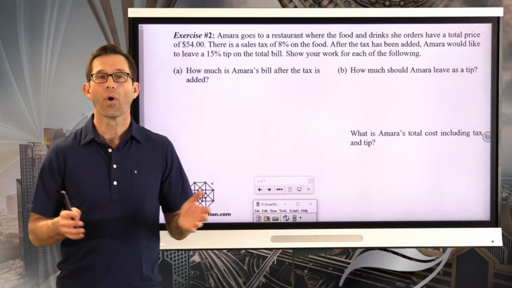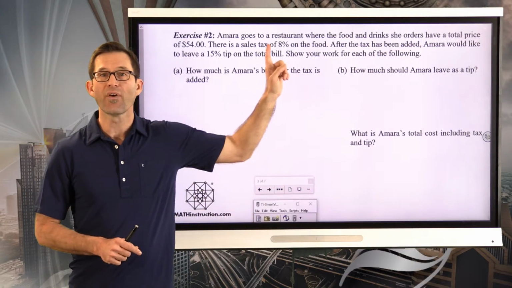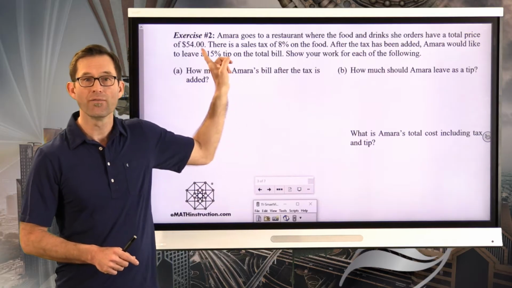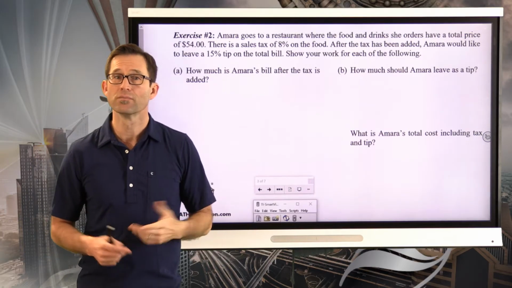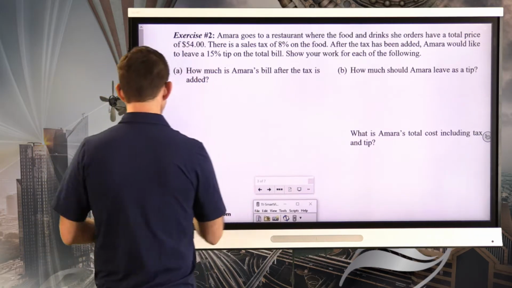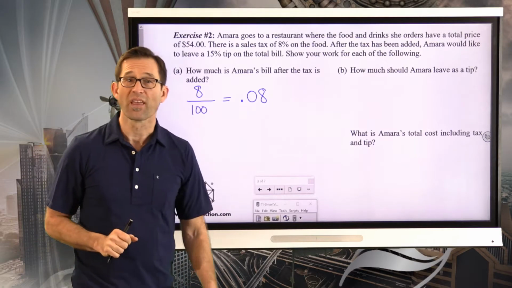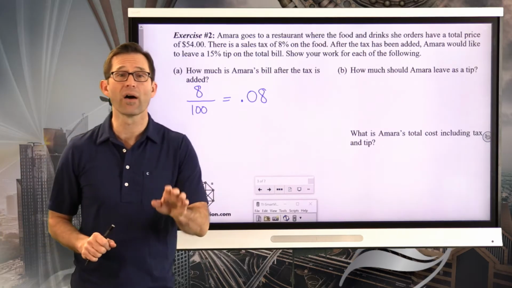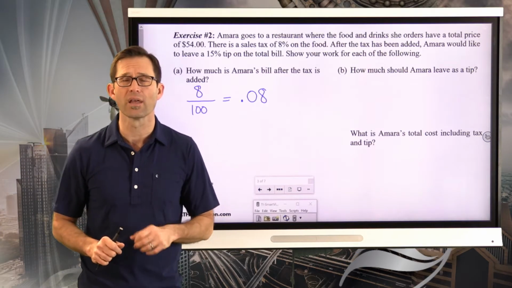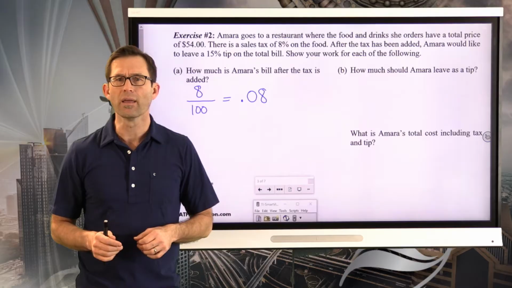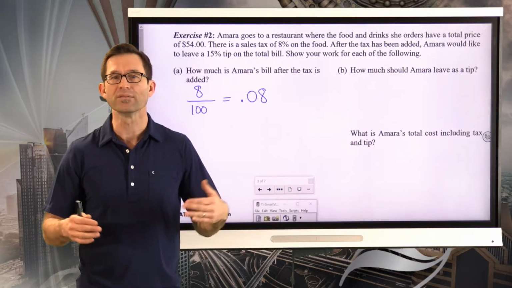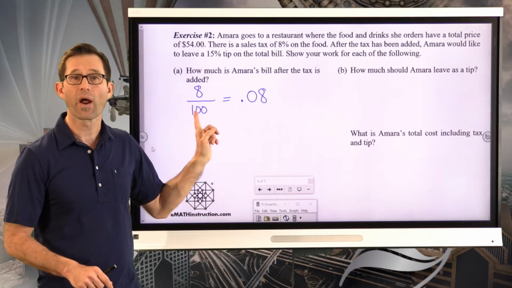All right, so the whole idea is that we need to find 8% of that $54, all right? So to do that, remember what we're really thinking about is 8 100ths, which is 0.08. Now again, if that's problematic for you, if you have any thoughts that 8% might be 0.8 and not 0.08, then set up the fraction.